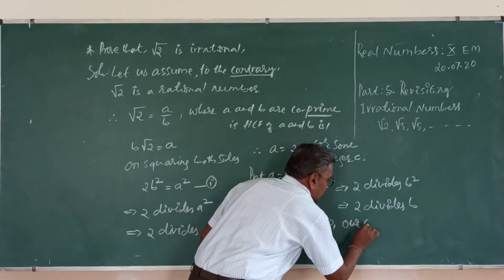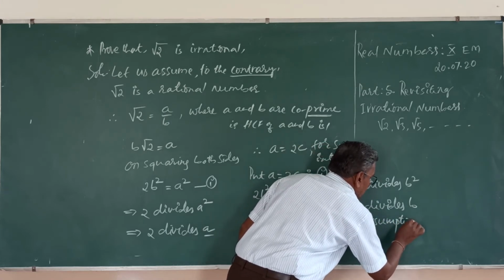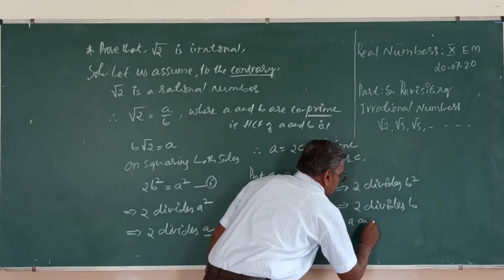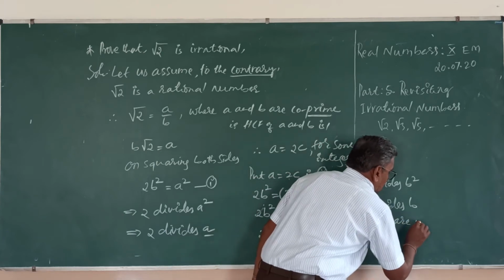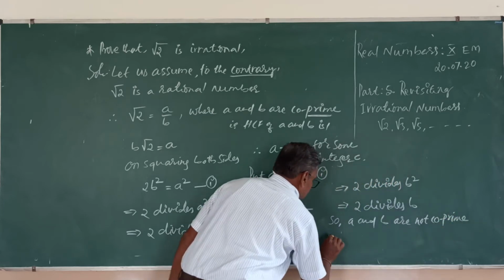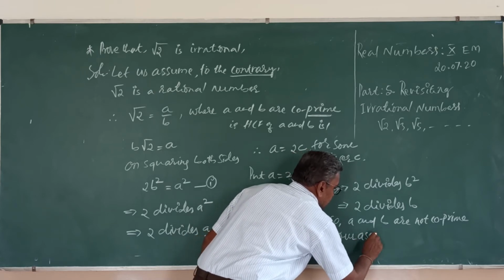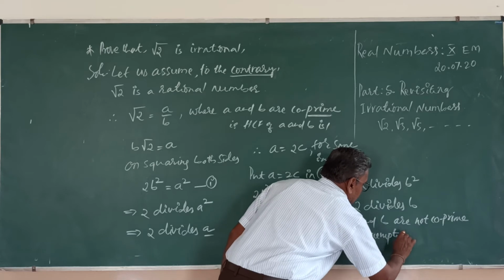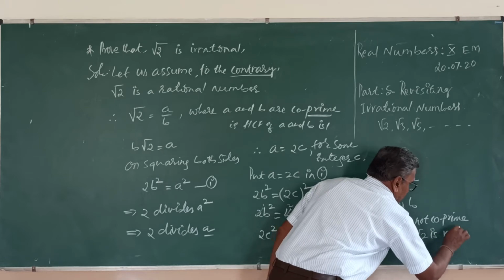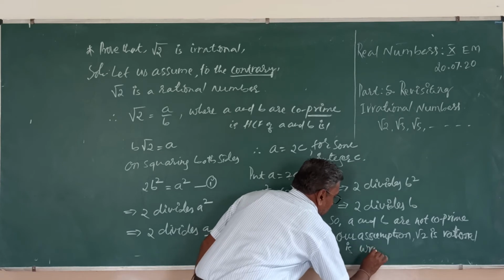So a and b are not co-prime. Therefore our assumption that root 2 is rational is wrong.